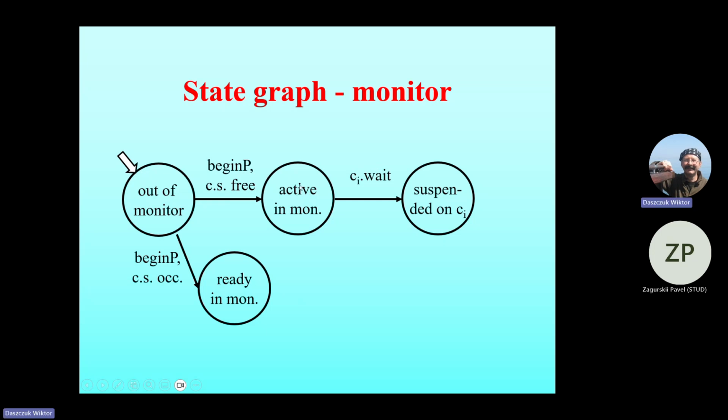When the process is active, that means it works in a monitor, and it decides that it cannot continue because some condition needed to proceed is not met, the process waits on a condition variable Ci. After this operation, a process becomes suspended on variable Ci.